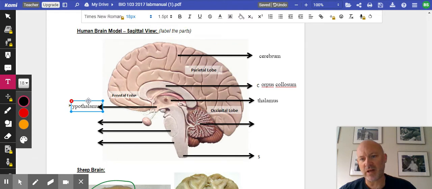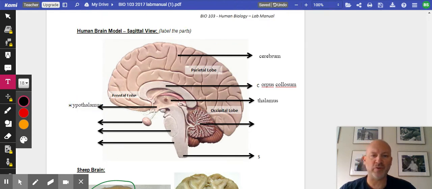Hypothalamus we've talked about a lot because this is the control center for homeostasis. The thalamus is more like a relay station of the brain. So all incoming information from sense organs is coming up the spinal cord. It gets relayed through the thalamus. So the thalamus is much like the grand central station where information is coming in. It goes through the thalamus, and then the thalamus dictates what lobe it needs to go to.